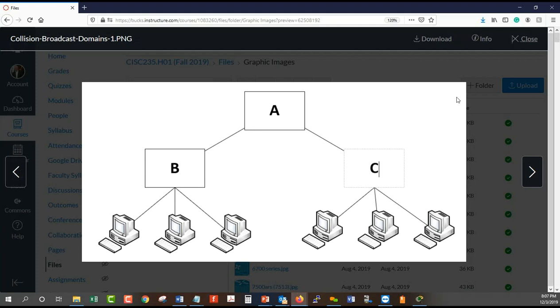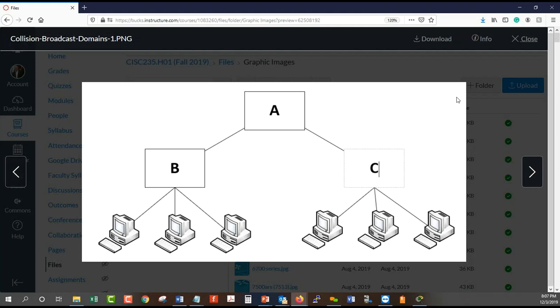Okay, so we said that A was a router, B was a switch, and C was a hub, correct? Okay, very good. So 2 broadcast domains, correct? And 5 collision. Well, let's take a look at this.